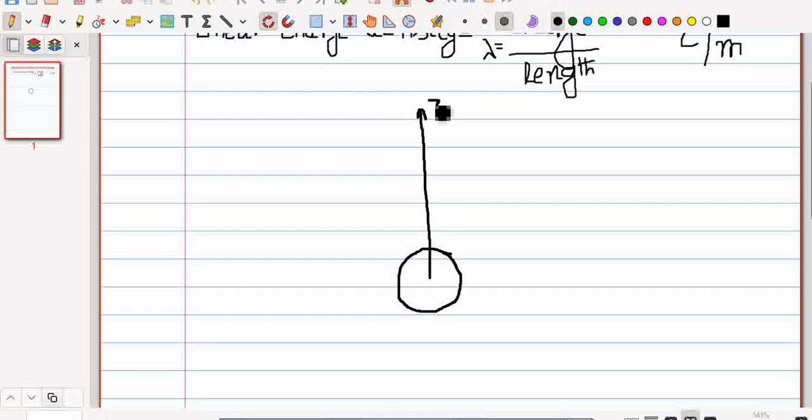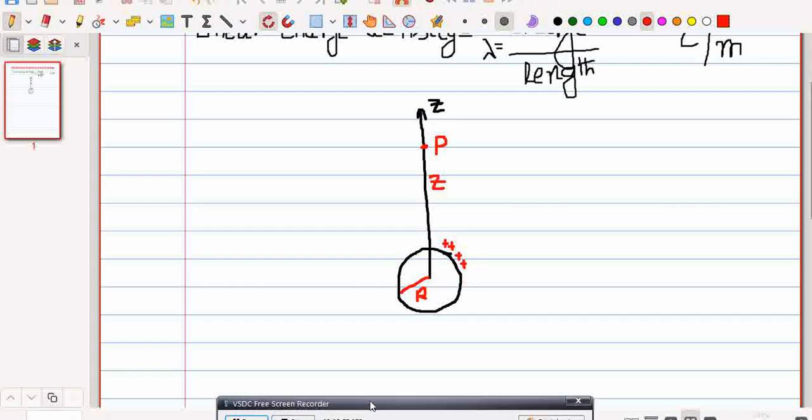We want to find the electric field at a point P, which is at distance z from the center of the ring. This distance is z, and the radius of the ring is r, and positive charge is distributed over it uniformly.